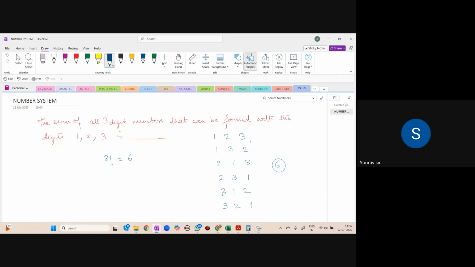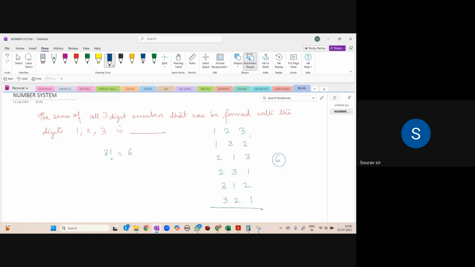So this is the way you calculate the number of numbers that can be formed, right? Now, if you can add up all the 6 numbers, tell me what is the answer. Just add up the numbers and tell me the answer.